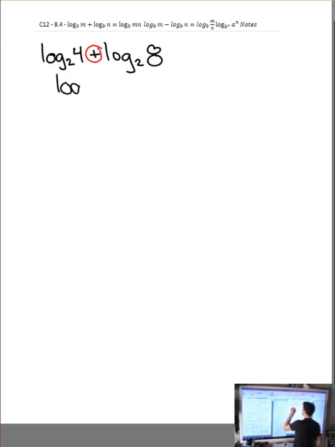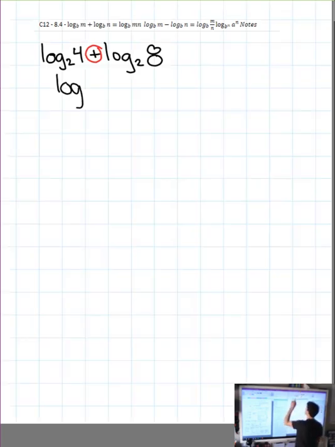So if I have log base 2 of 4 plus log base 2 of 8, if I am adding, I can simply turn this into a single logarithm. I keep the base.